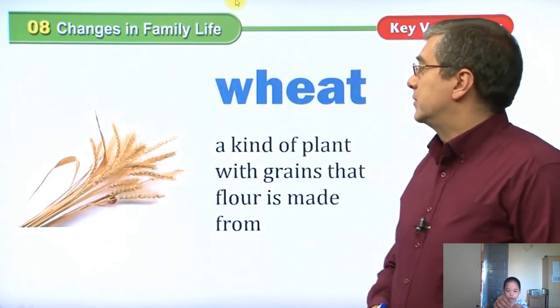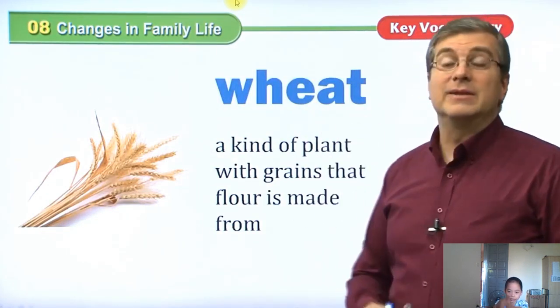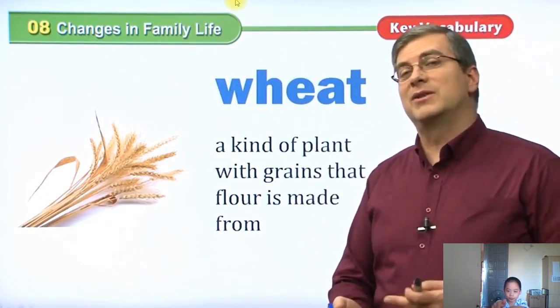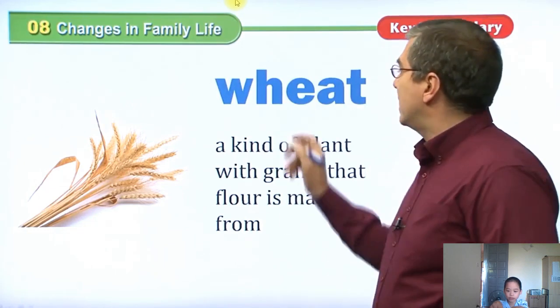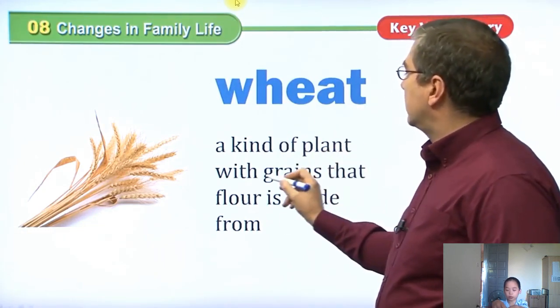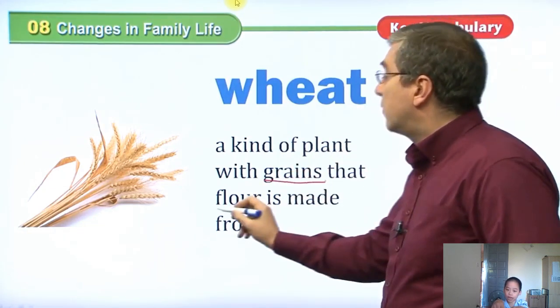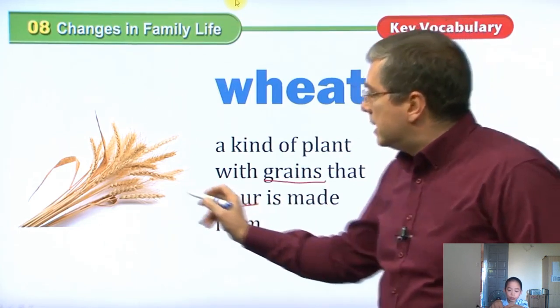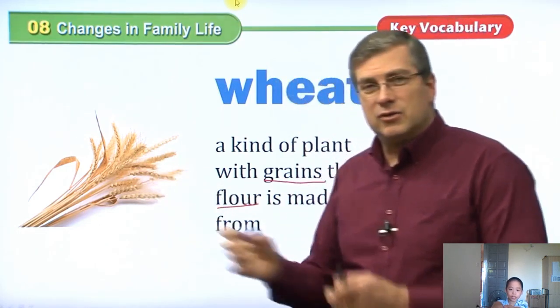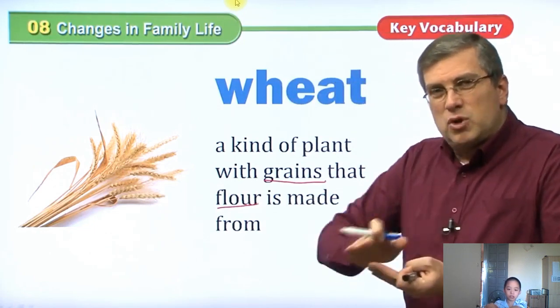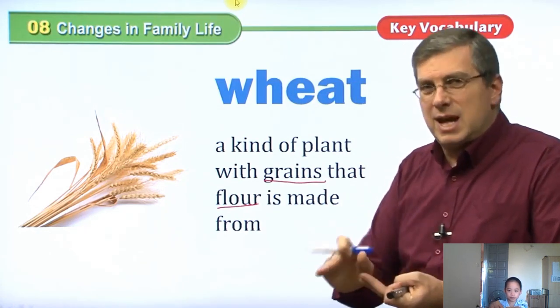Okay, so let's go to the next one. Next one we have there is wheat. We talk about rice, we talk about corn, we talk about wheat. Wheat is a kind of plant with grain from which flour is made.